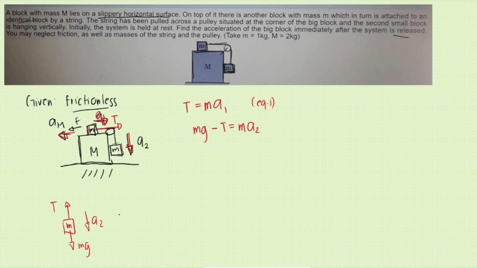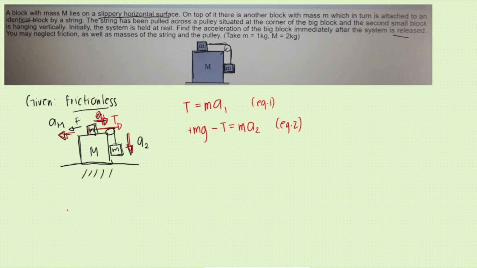This is Newton's second law of motion. We have positive mg here because it's in the same direction as its acceleration. If this is moving downward, then we put positive mg and negative tension. But if it moves upward, then we'll have positive T minus mg, but that's not the case. So we have equation 2.